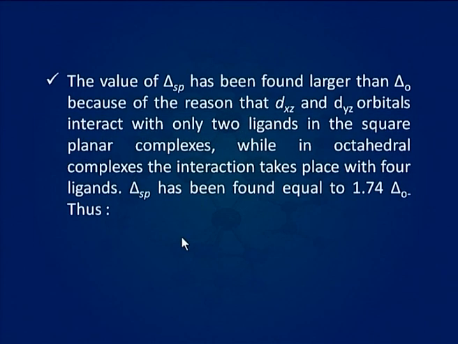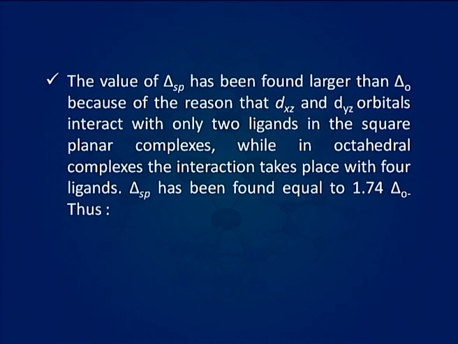The value of delta SP has been found larger than delta O because the dxz and dyz orbitals interact with only 2 ligands in the square planar complexes, while in the octahedral complexes the interaction takes place with 4 ligands.